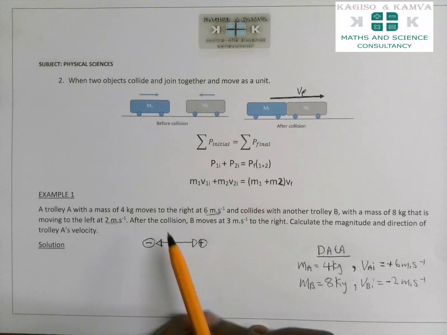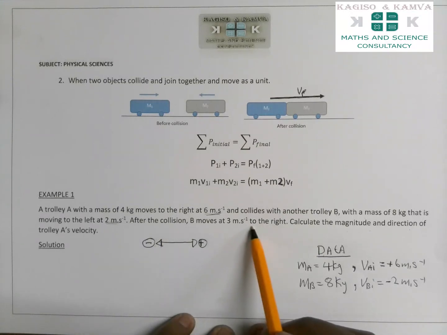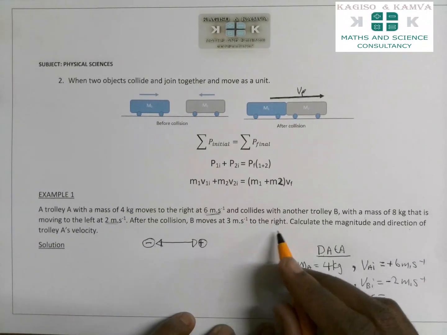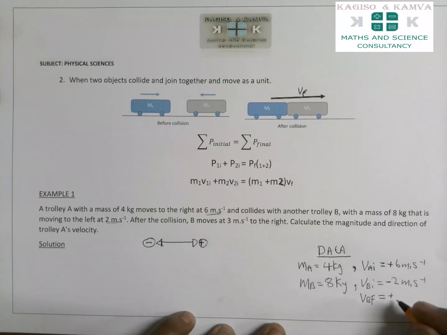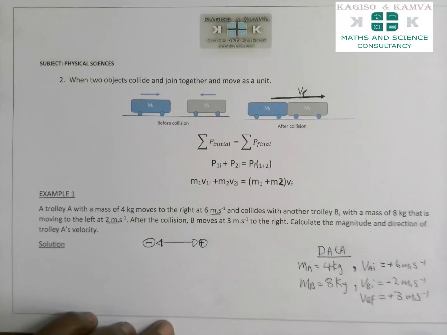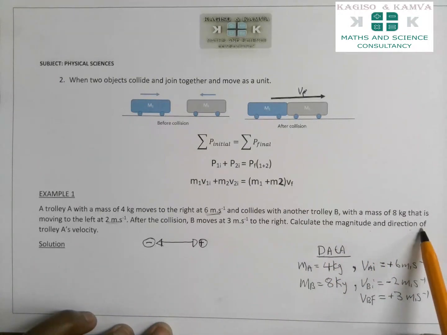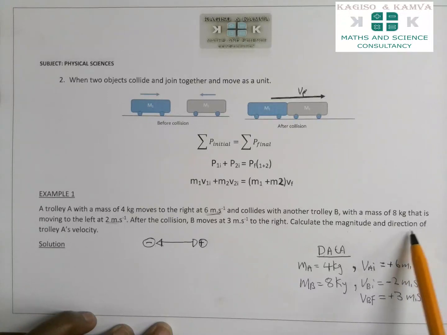After the collision, B moves at 3 meters per second to the right. Now we also have VBF, to the right, so that will be positive 3 meters per second. Now we are asked to calculate the magnitude and direction of trolley A's velocity.